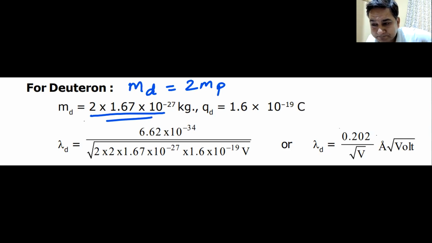Well done. And the charge of a deuteron is the same as the charge of the proton. You will never forget this in your entire life, so please note this down. Charge of a deuteron is the same as the charge of a proton, but the mass of the deuteron is 2 times the mass of the proton.